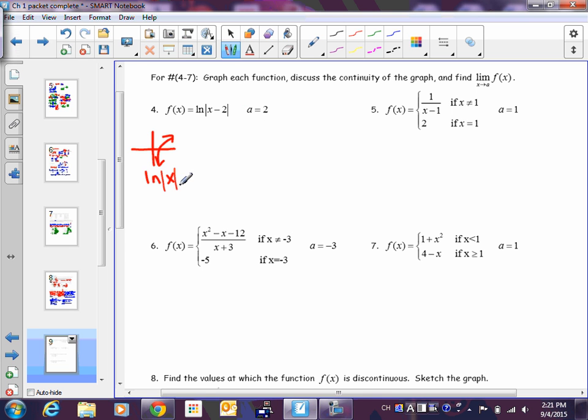Absolute value. Now, you may be thinking, what about that absolute value transformation? We could get so far deep into this problem, it's not even funny. But when you see this, we're just not going to deal with those absolute value bars. We're going to say they're there because we're taking natural log of something, and you can only take log of positive numbers.